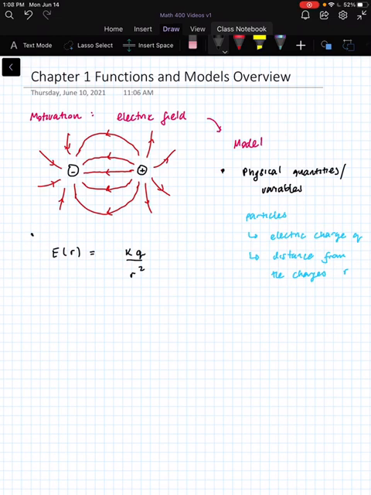So this is our function. We have to introduce constraints that limit our model. So for instance, this assumes R is relatively small, but not 0, and positive.